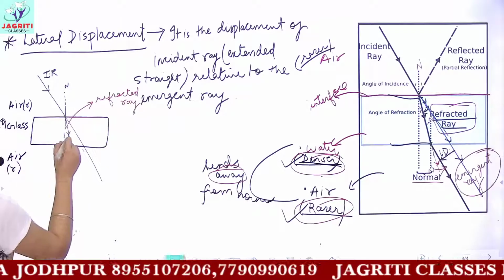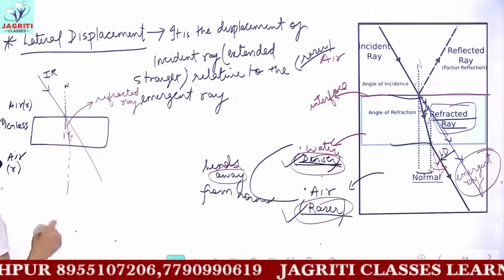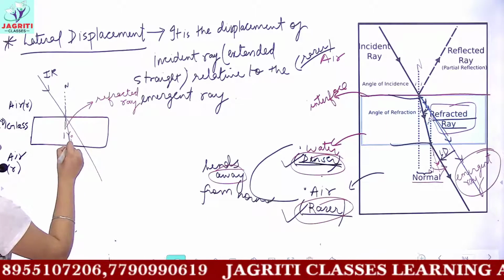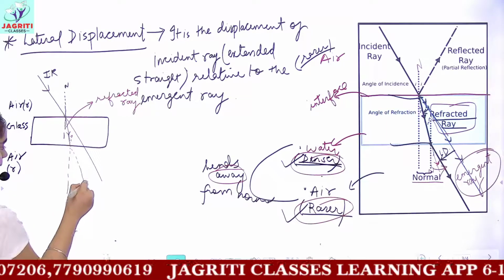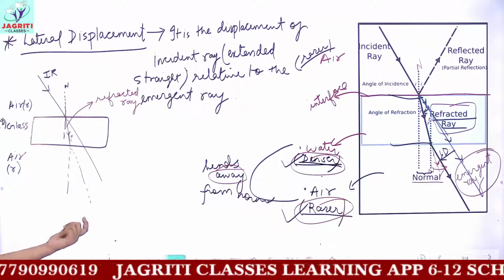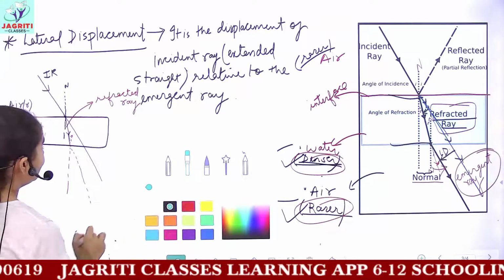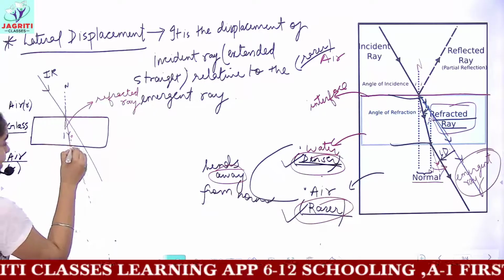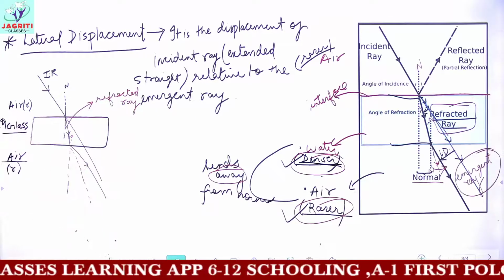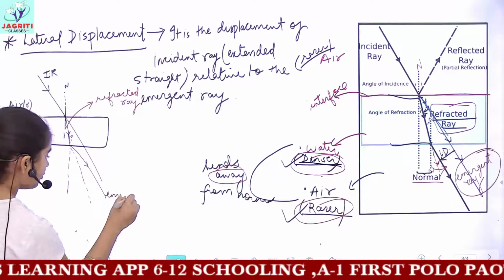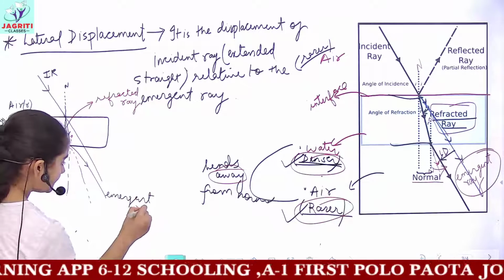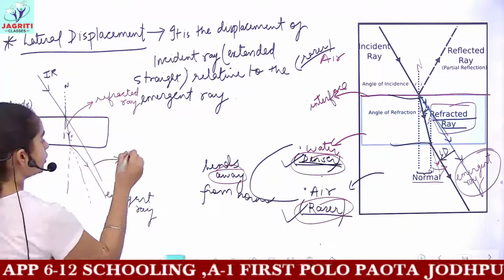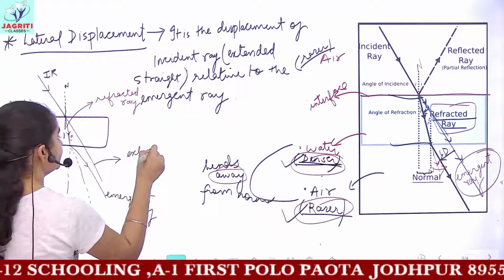Now for this refracted ray, I am again drawing a normal here. It should travel in this direction. This should be the original direction of the refracted ray, but because of refraction, because of the change in medium, the ray deviates away from the normal. So this would be the direction of the emergent ray, and this is your extended incident ray.